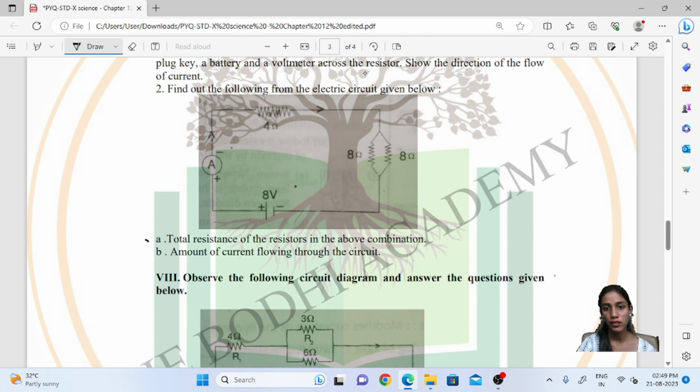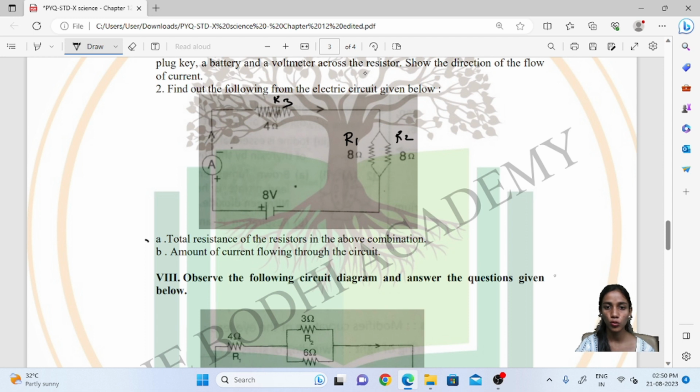Let's look at this. These two, 8 ohms and 8 ohms. Let's give them names. Let this be R1, let this be R2, and let this be R3. Now how to solve this? First of all, how are these connected? R1 and R2 are in parallel connection, and then these two are in series with this.